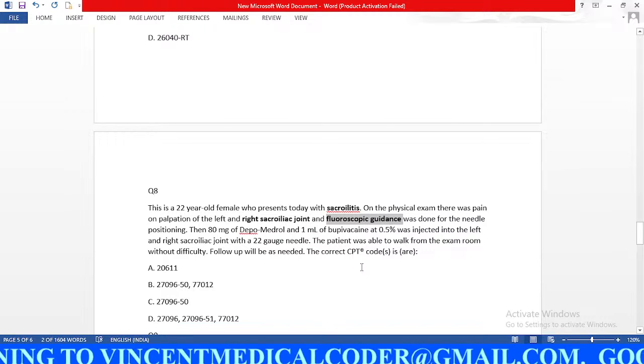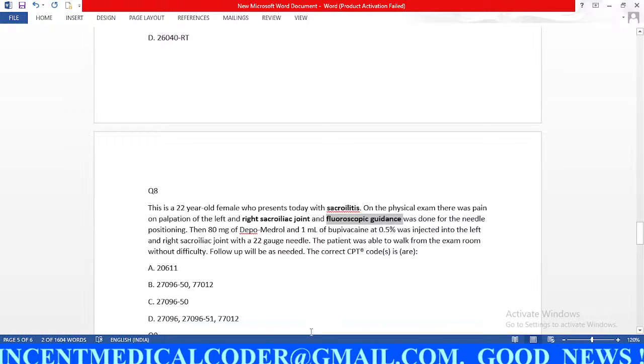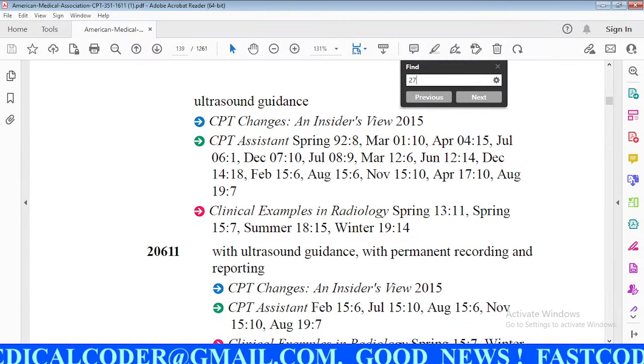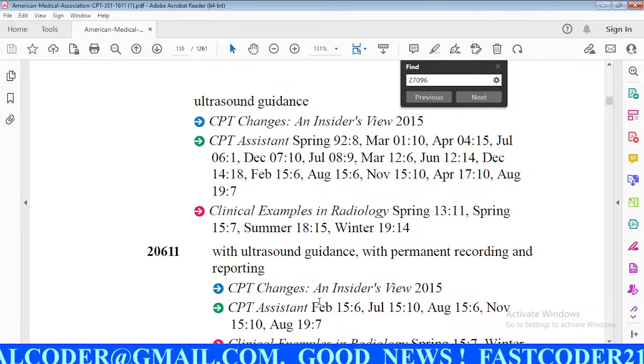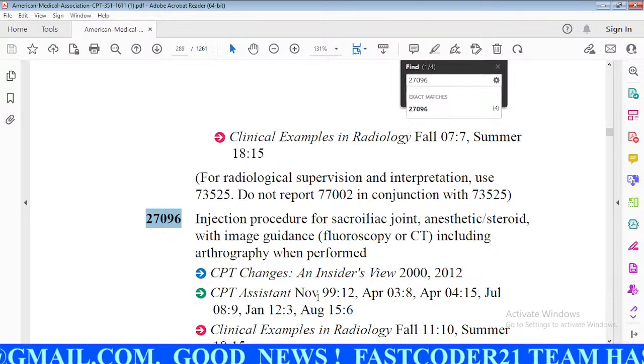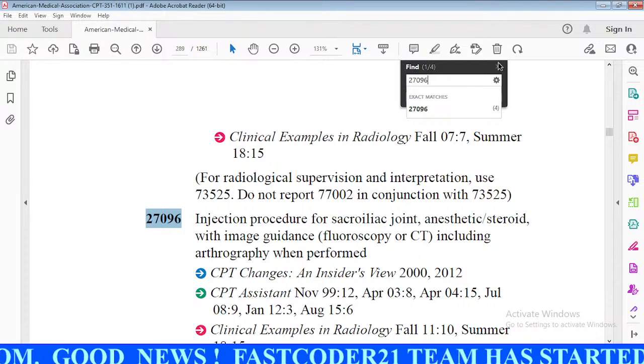So we will check 27096 now. Here it is an injection procedure for the sacroiliac joint.